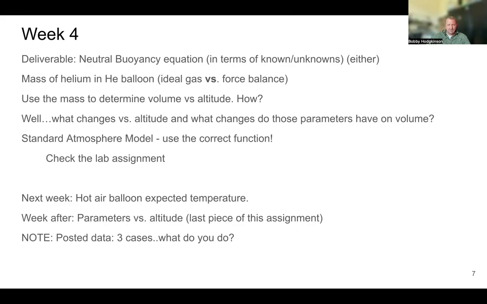I did mention before, jumping back to the experimental data with the helium balloon, we posted 3 different cases and some questions came up. Do we average all the cases? Do we average the masses and the heliums and these other things? The response that I would like you to think about, if that's a question in your mind, is what are we trying to get at? We're trying to see the mass of helium for a single balloon.